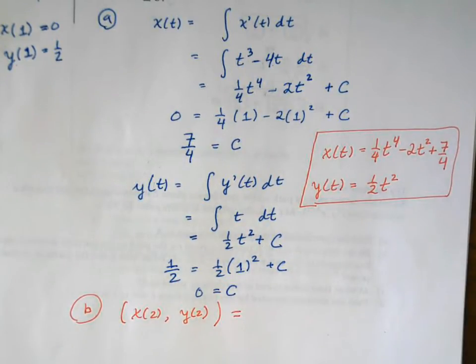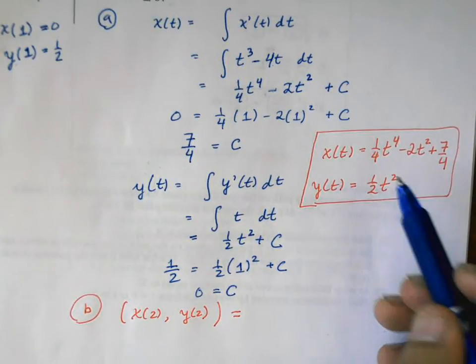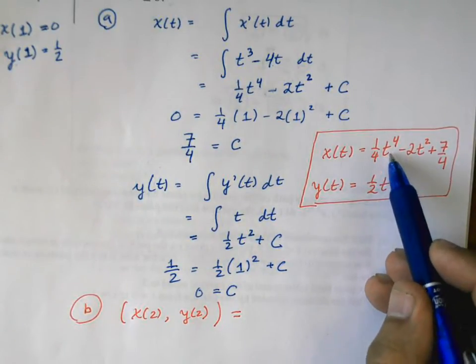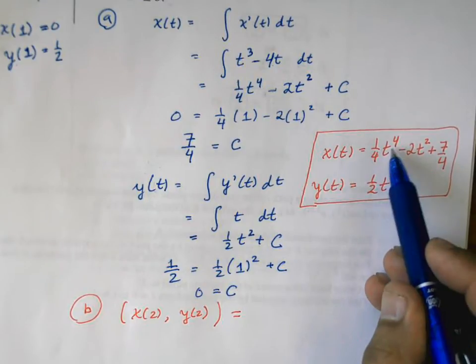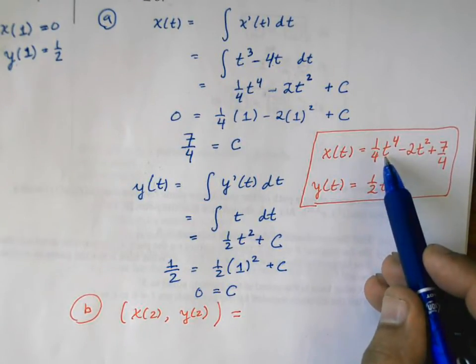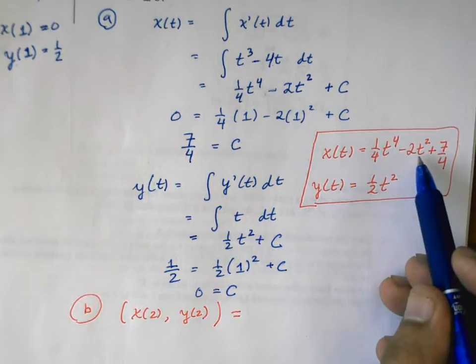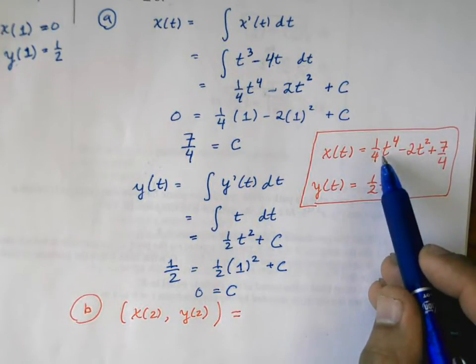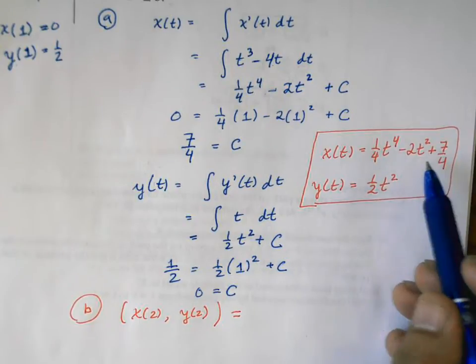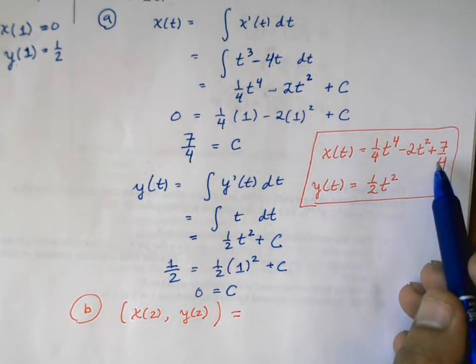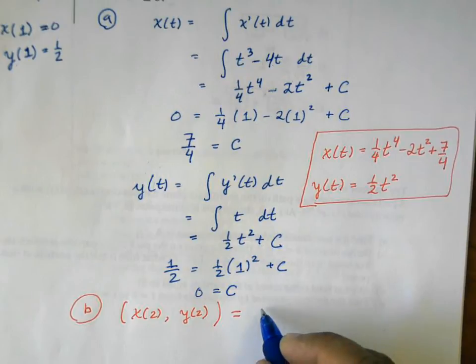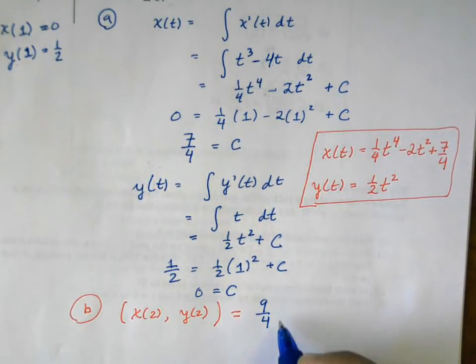If we take 2 and substitute in here for t, 2 to the 4th is 16 divided by 4 is 4, minus 2 times 2 squared, so that's 8. 4 minus 8 is negative 4 plus 1.75. This gives me negative 2.25, or negative 9/4, for the x position.